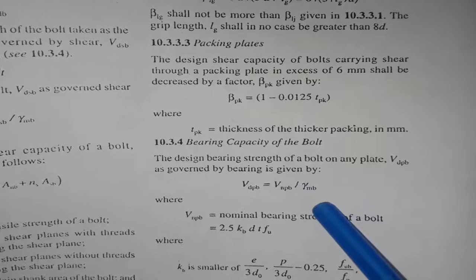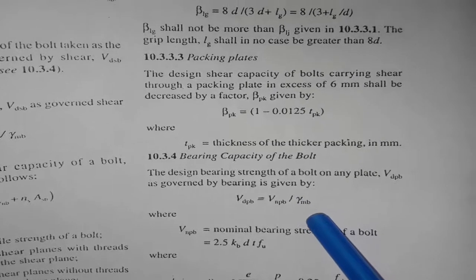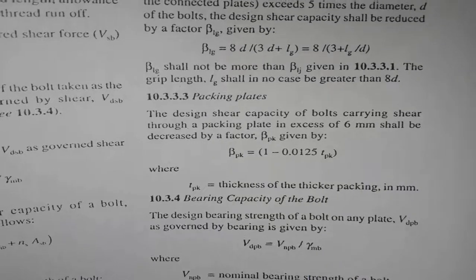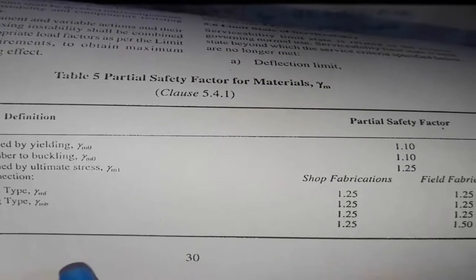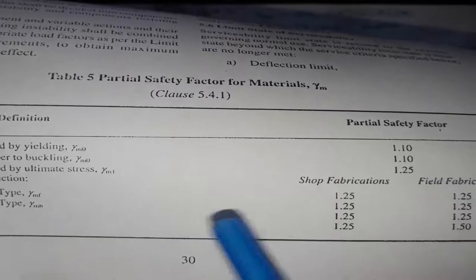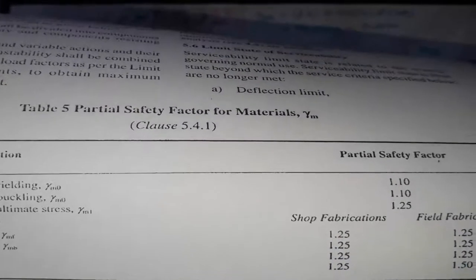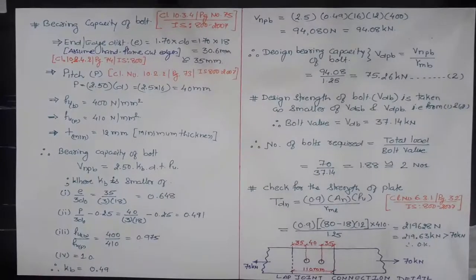Gamma mb again is the factor of safety which is derived from table number 5, page number 30. Here the value of gamma mb for both shop fabricated and field fabricated is 1.25. Substituting this value in this equation, we get the bearing capacity of bolt as 75.26 kilonewton.